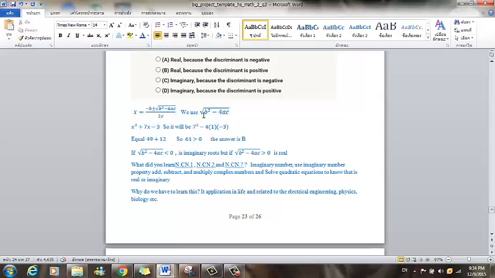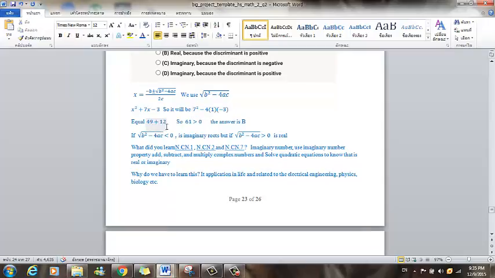So b is 7, and we do the same as the last slide. b squared minus 4ac stays the same, and a is 1 because 1 is in front of x squared. So it's 1 times c, which is minus 3, so we put minus 3 here. It equals 49 plus 12, because 7 squared is 49, and simplifying gives 61.